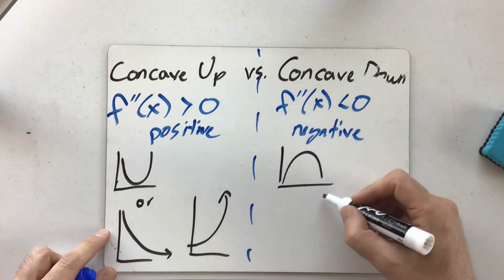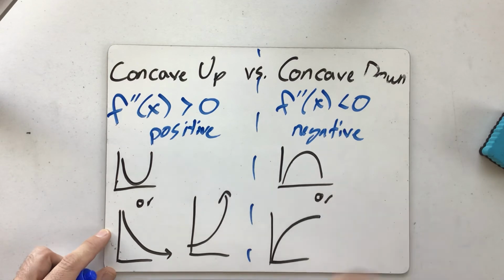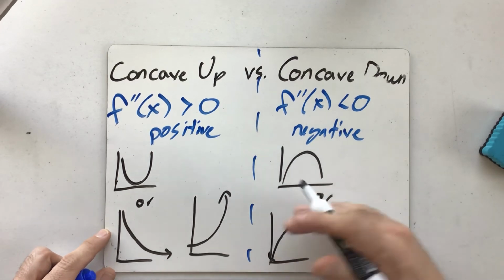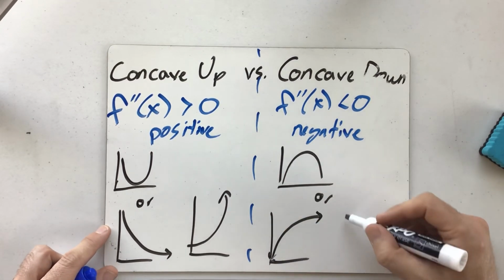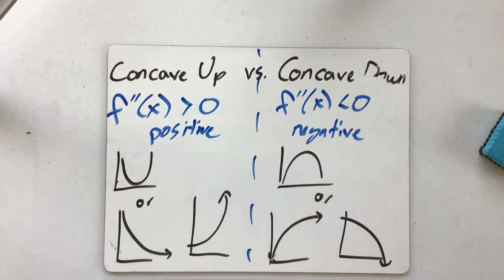So a shape that looks like this, or it doesn't have to ever actually curve, but it can have that same bowl shape and just continue growing always. Or similarly, it could just be one half. So you can have half of the bowl at a time, but it's always got that bowl shape. We call that a concave down shape.